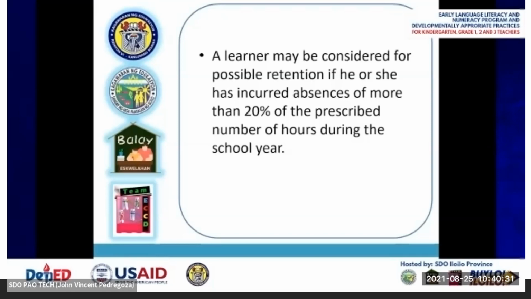Therefore, in one school year, you are given 4 quarters, 40 weeks, to address the problem of absences and dropping out. Now, granted that the 20% absences were incurred, reasons shall be pointed out, discussed by parents, teachers, and school head, and decision shall be based on the following.